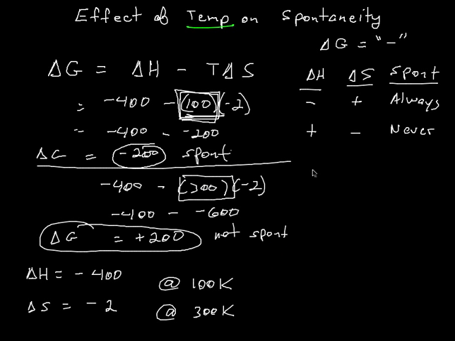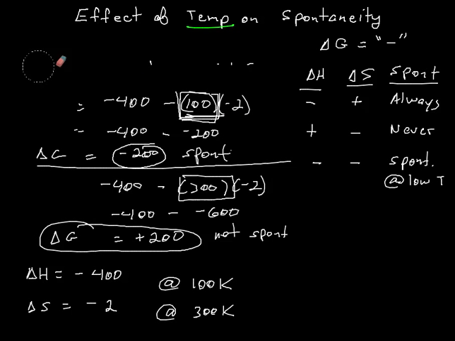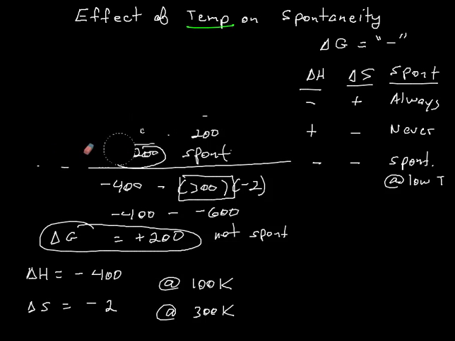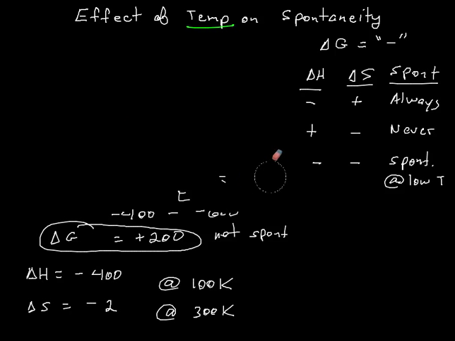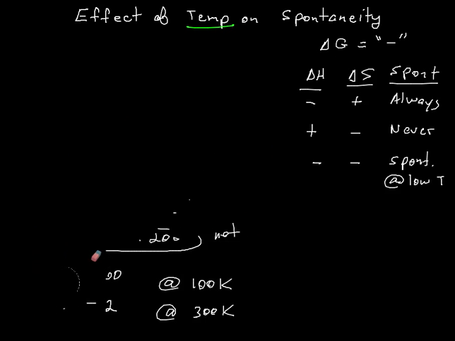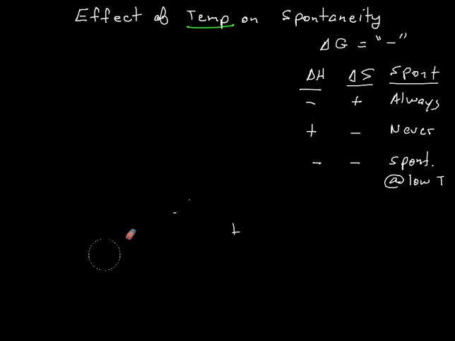So if you have a situation where the enthalpy and the entropy are negative, then you are spontaneous at low temperatures. Relatively speaking, low temperature. Now you actually have to determine what that relative temperature is based on the different H's and the different S's. Different reactions have different relative temperatures to consider.